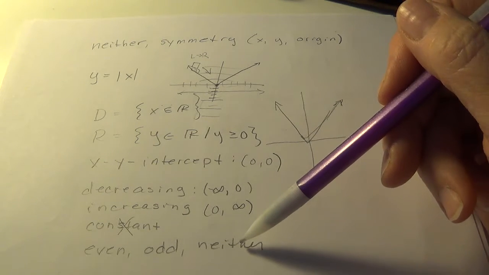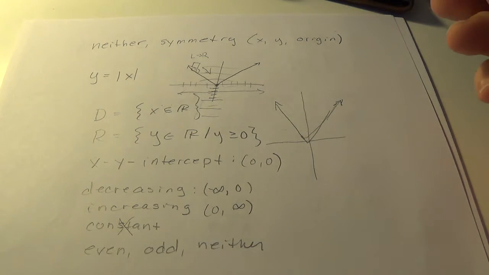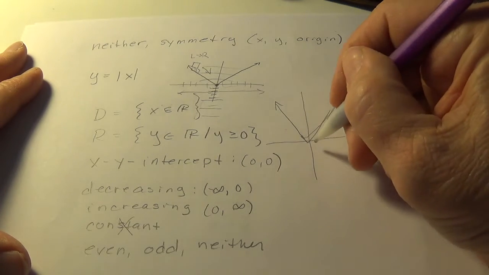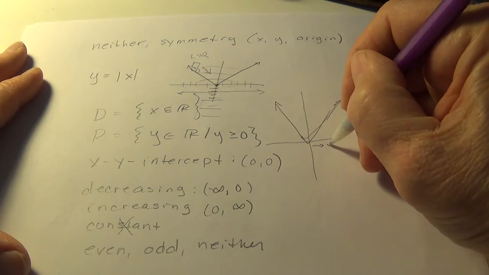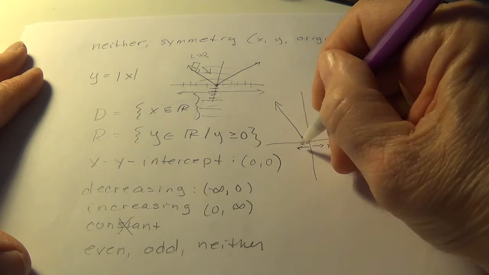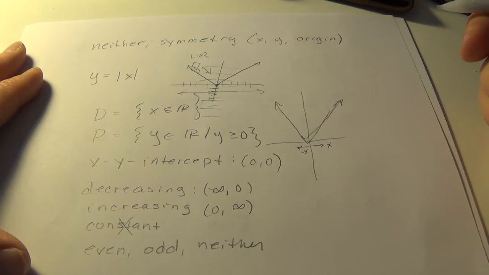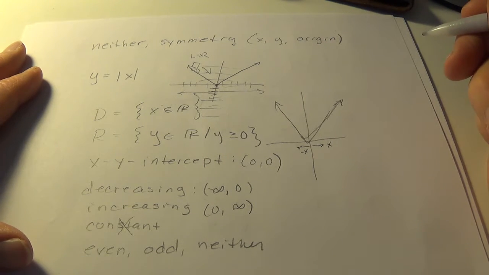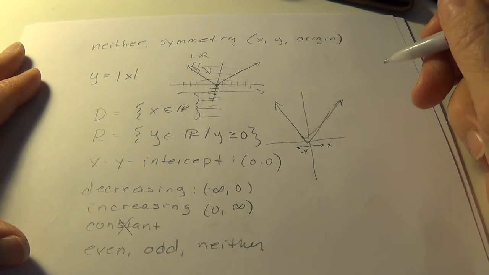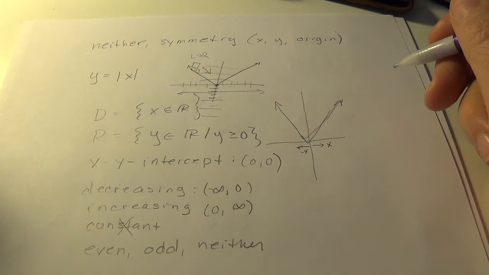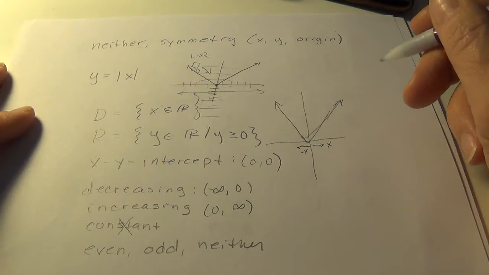We're looking at whether it's an even function, odd, or neither. We decided if we go out x on one side and -x on the other side and find the values of the function, if they're equal, then we say it's even. If they're equal except for their sign, then we say it's odd, and if it doesn't follow either of those patterns, we say it's neither.